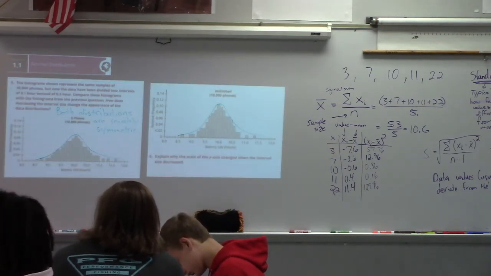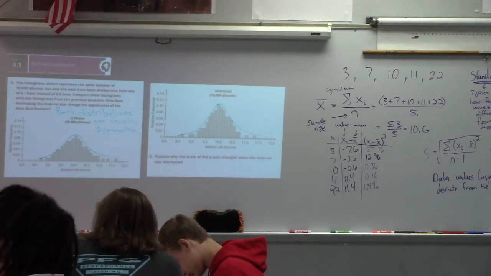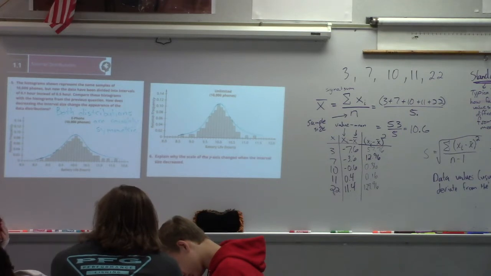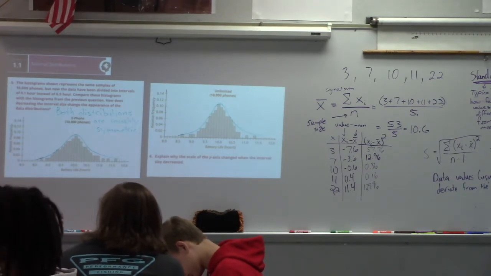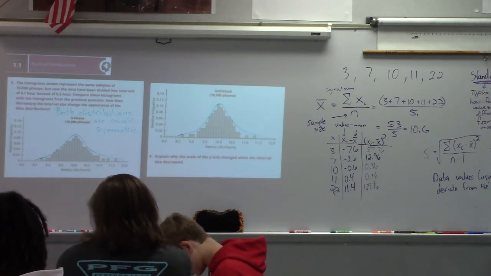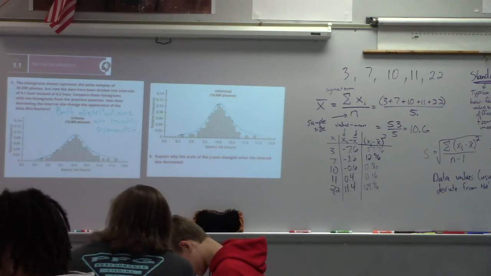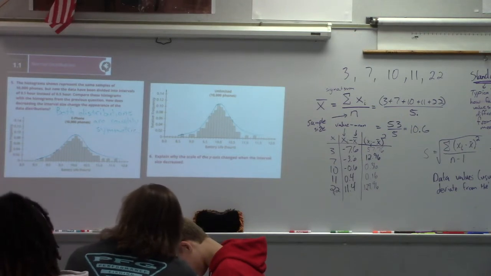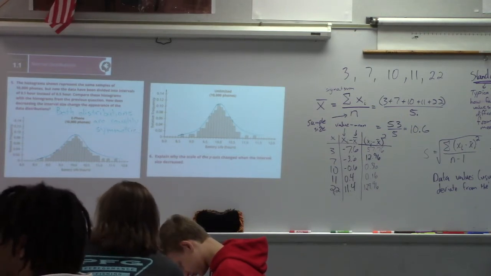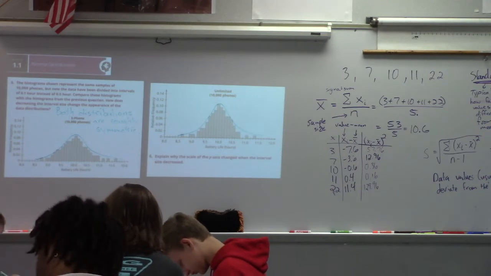So that interval width does matter, and I'm bringing this up because what we're going to study is something called the normal distribution. You want your data to be roughly symmetric, okay? So change that graph around at times, change that bin width so that it is roughly symmetric. So the interval width does matter. The bin width matters.